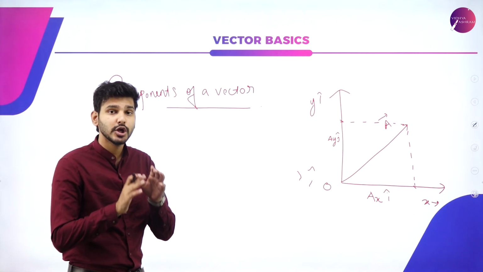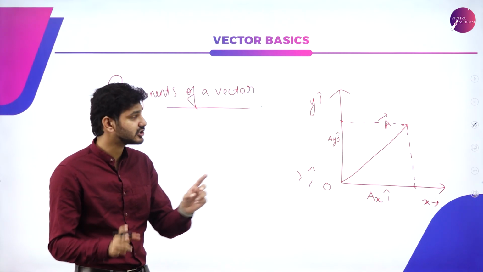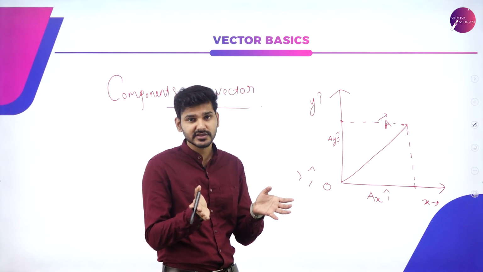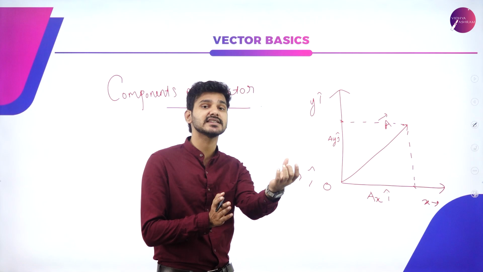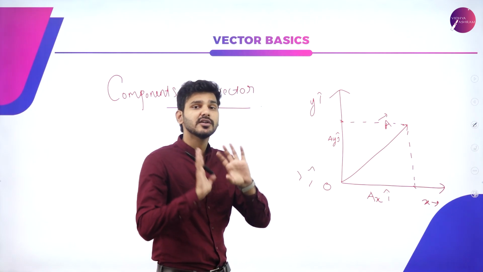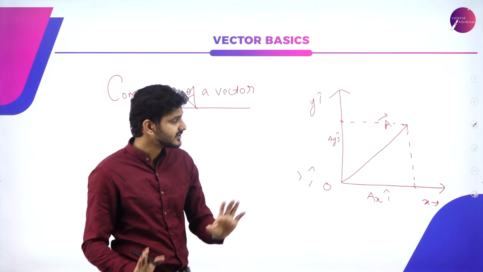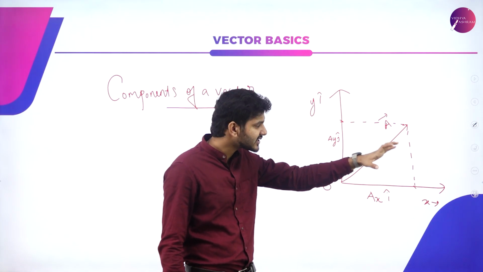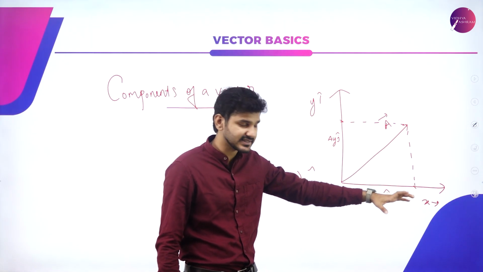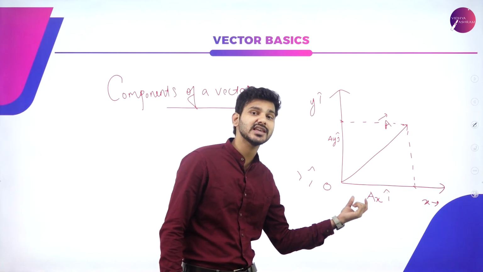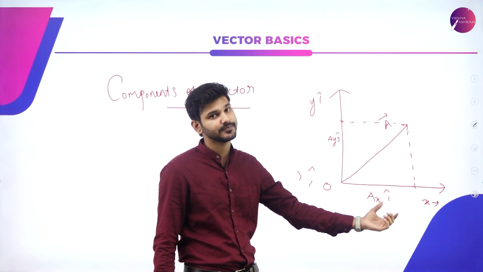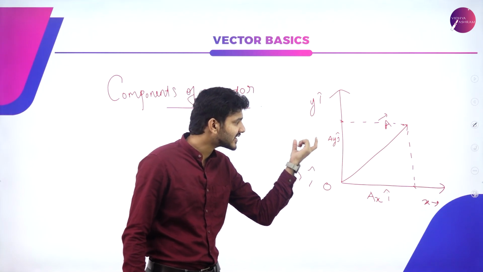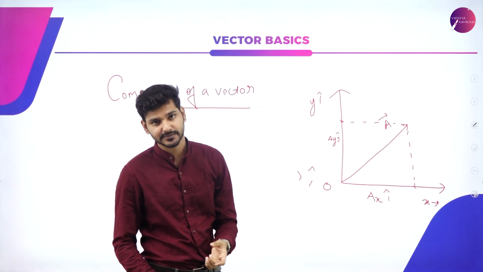So there will be two components to this vector. Actually, by definition there will be three components if you include the z axis coming towards you. But for now, for understanding this concept, let's imagine that this vector is casting a shadow onto the x axis, represented as ax I cap, and onto the y axis, represented as ay j cap.